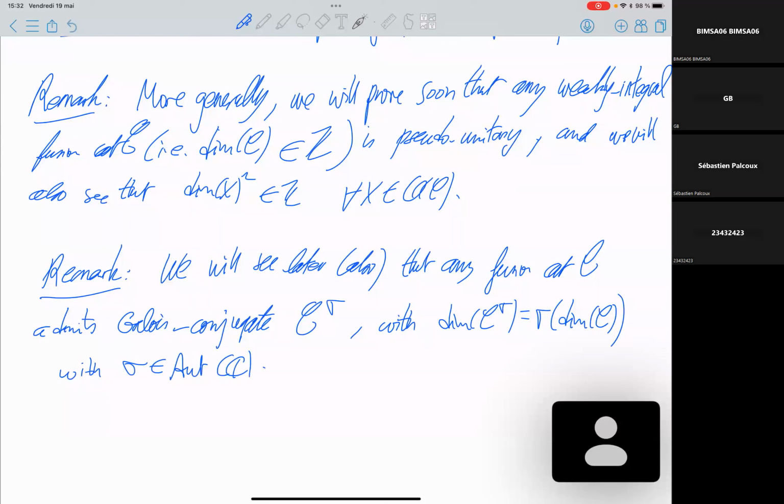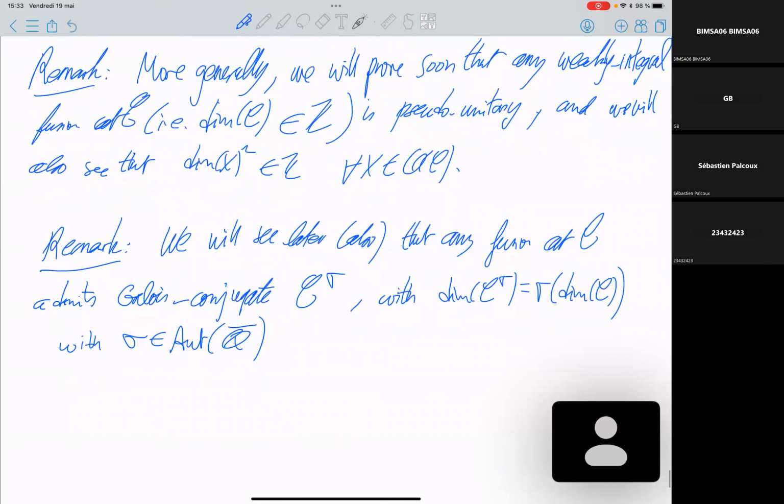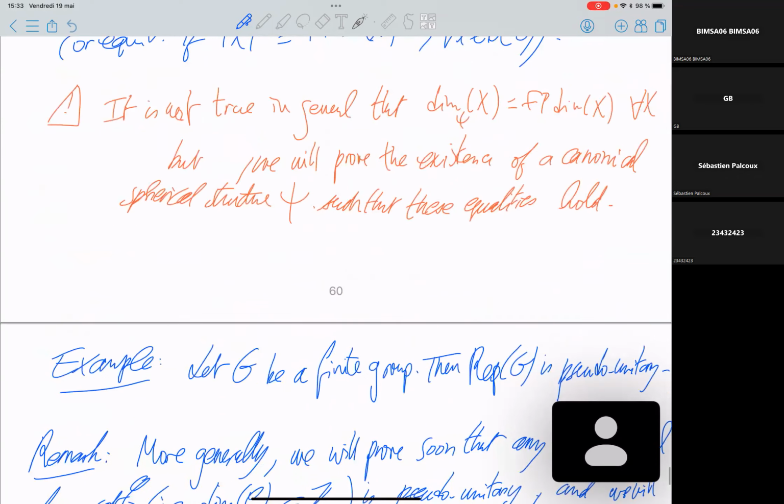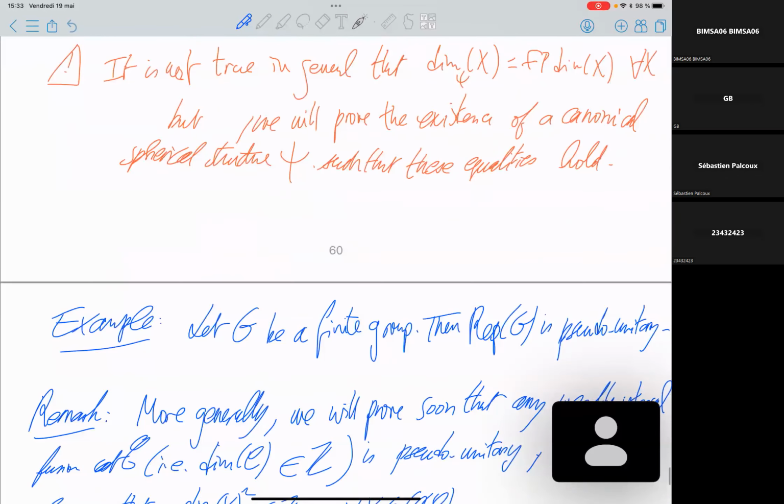In fact, an automorphism of the algebraic numbers. We will state that in a few more details later, but I just wanted to provide examples and counterexamples about pseudo-unitary.